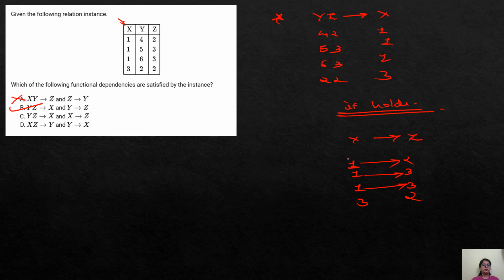So 1 on the LHS has 2 values, 2 and 3. This is clearly violating the law of functional dependencies: any LHS value cannot have more than one value. It should only have one value. So this is wrong, option C is gone. Let's check option D.